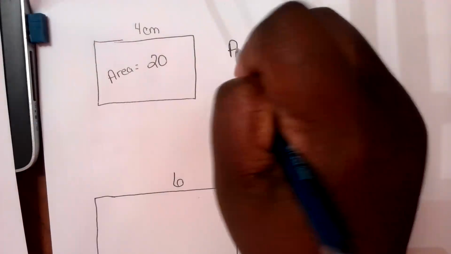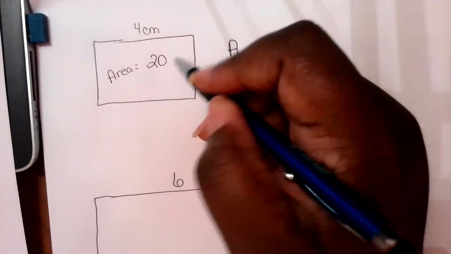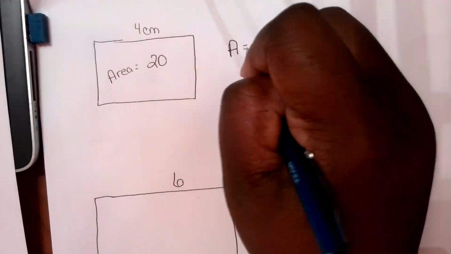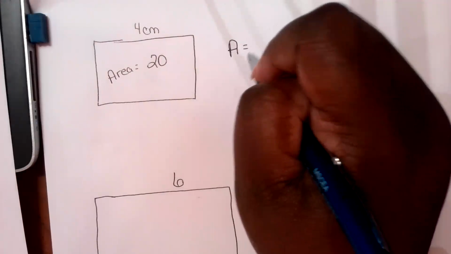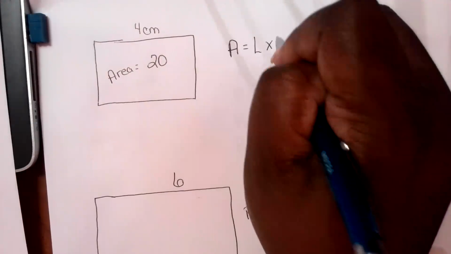But sometimes it does give you the area, and you have to figure out either the length or the width. So here they want us again to find the area, but this time they give me what the area is, but the formula doesn't change. Area equals length times width.